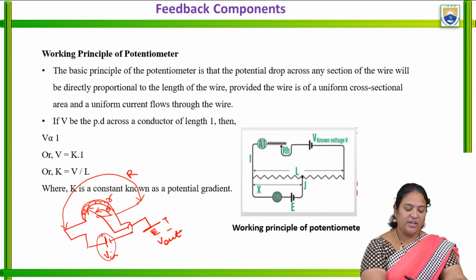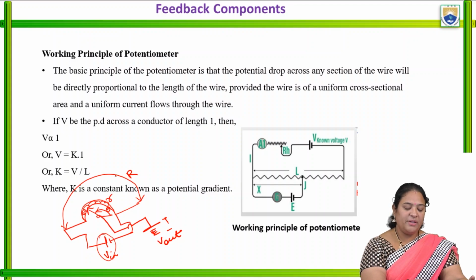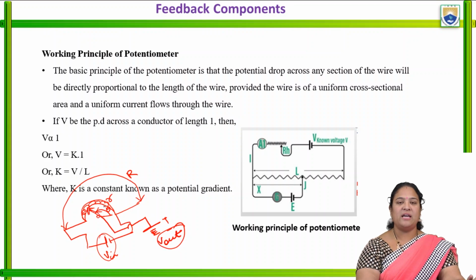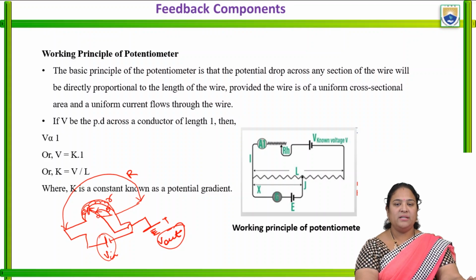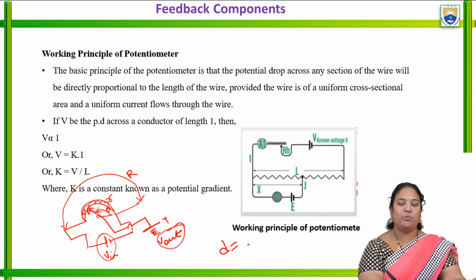Here this is the V in, through which the current is generated with the help of the battery, and as the current from the battery circulates within the circuit, the wiper, that is the voltage out, is generated. When the voltage out is generated, this particular wiper starts moving.